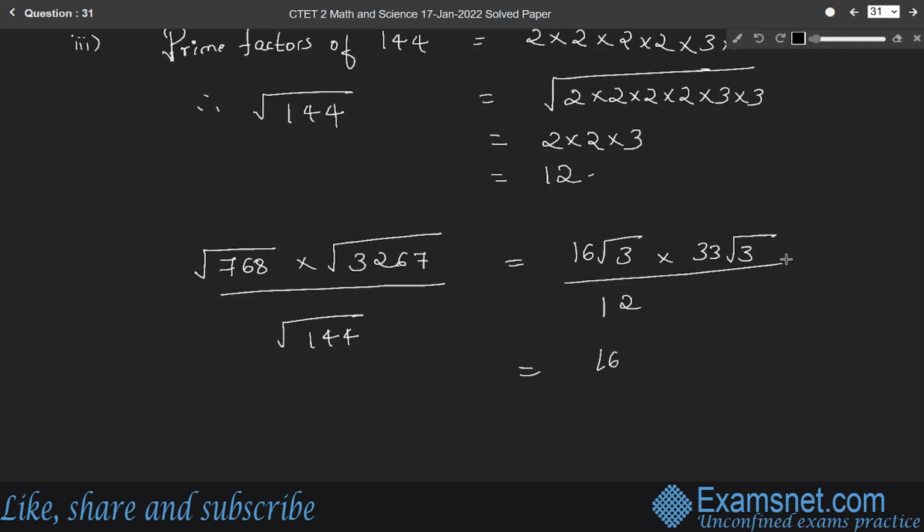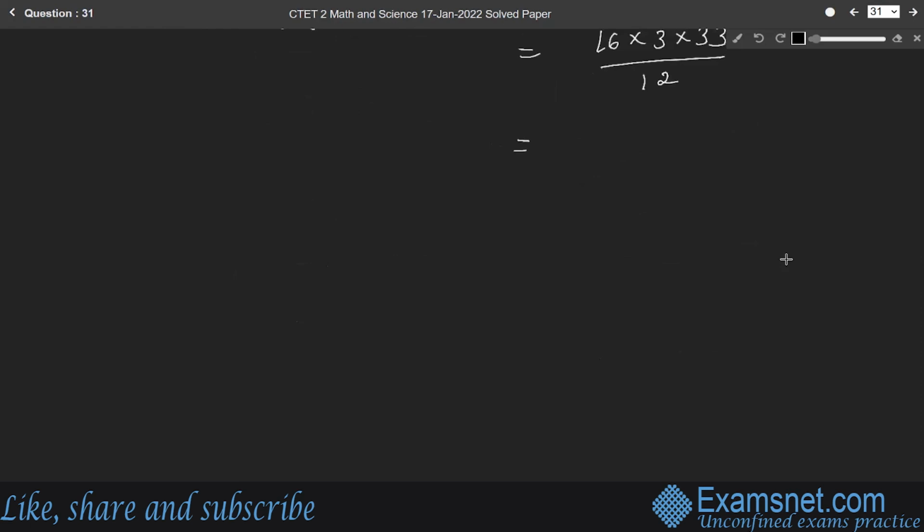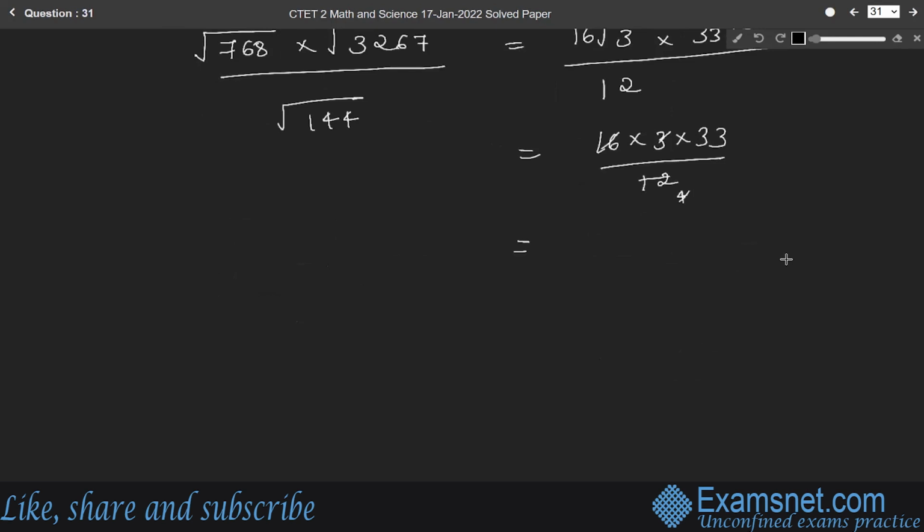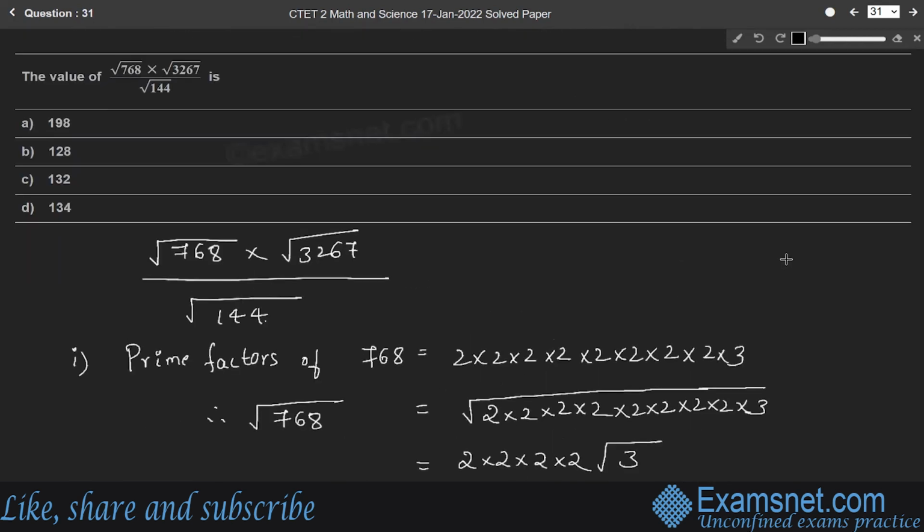So 16 into 3 into 33, whole divided by 12, which is equal to 3 into 4 is 12, 4 fours are 16, 33 into 4. So it is 33 into 4, which is 132. Therefore, the correct answer is 132, option C.